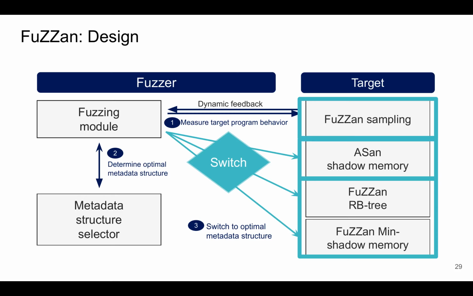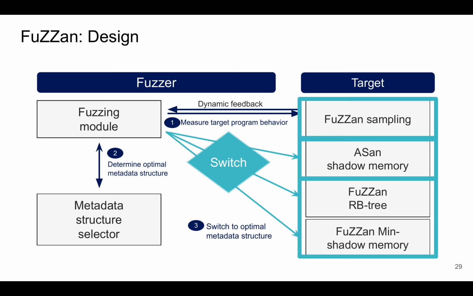So the fuzzing module gets feedback every 10,000 executions from the profiler, and then learns how many memory objects are allocated, what the distribution of memory objects is, and what the size of allocated memory is. Based on this observation, it selects the best target: either regular ASAN, address sanitizer with a red-black tree as a data structure, or address sanitizer with a compressed memory space.